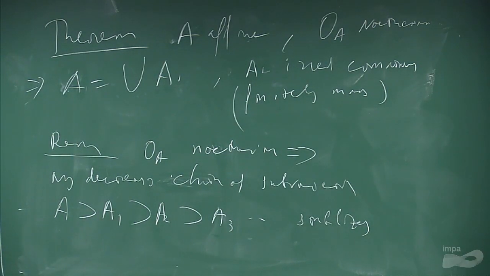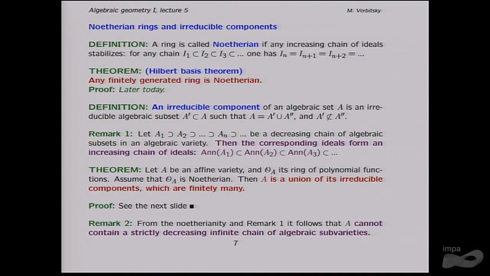But then the varieties have to stabilize because there's a bijection between subvarieties and ideals such that the quotient has no nilpotent elements. Okay, questions?